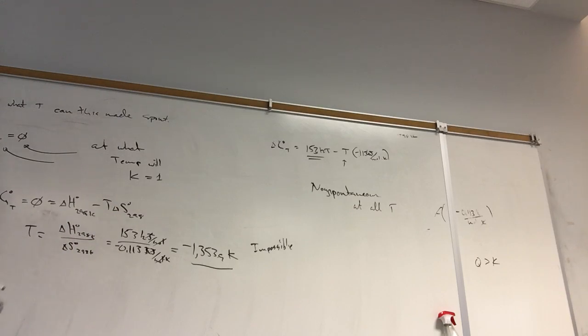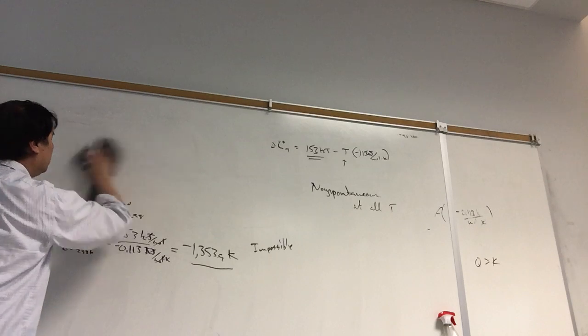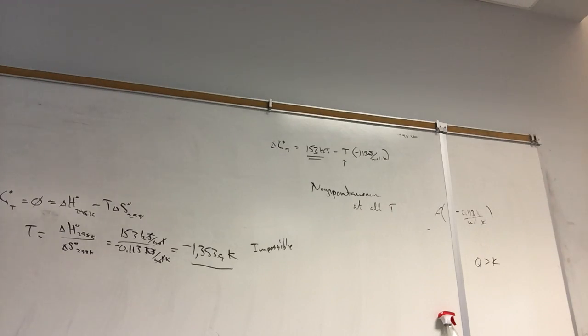Well, it turns out that under non-standard conditions, let's do that. So we go to non-standard at 298 Kelvin. Under non-standard conditions at 298 Kelvin, we have this equation. Delta G under non-standard conditions is equal to delta G under standard conditions at 298, and then we'll just correct it.